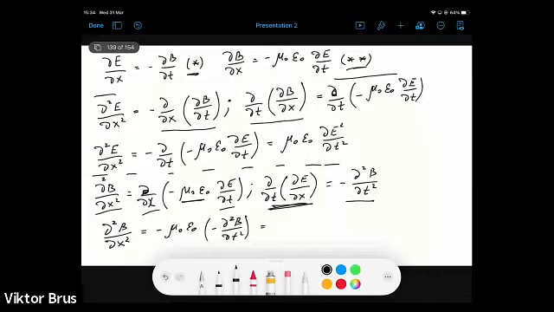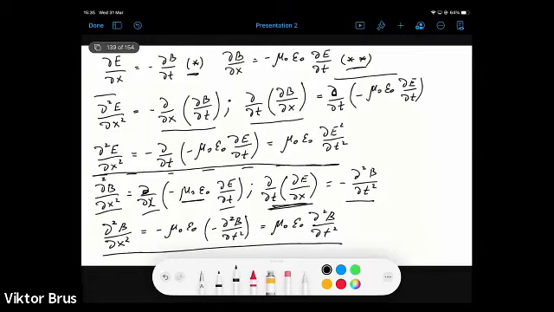So eventually this will be equal to mu naught epsilon naught d squared B over dt squared. So we got the same equation as here, this one.